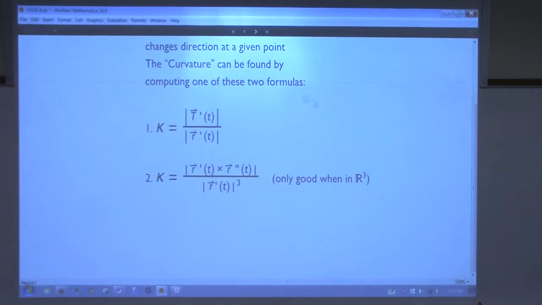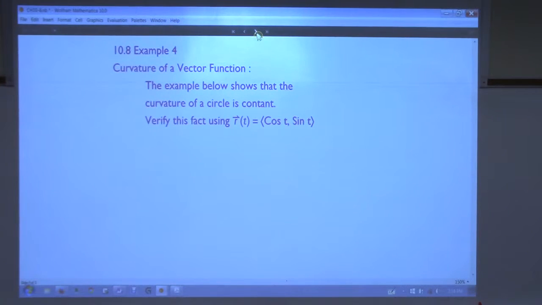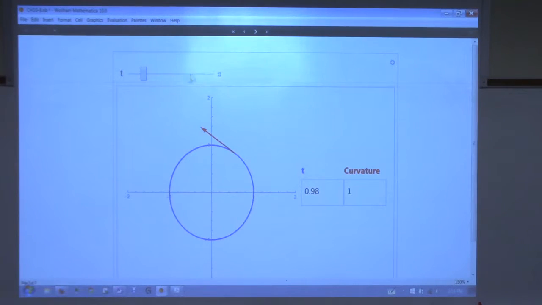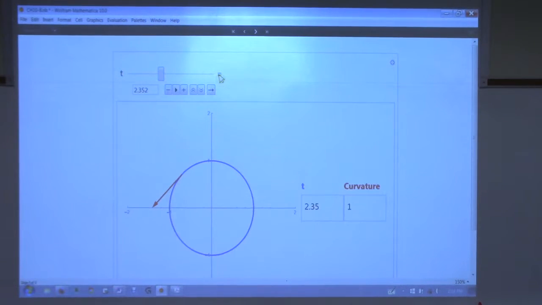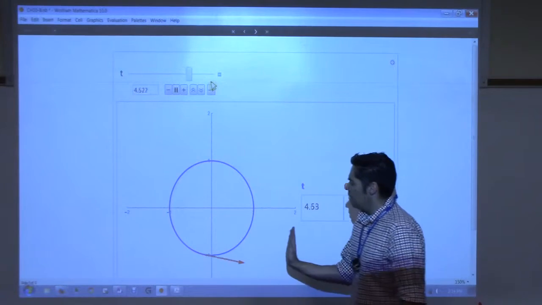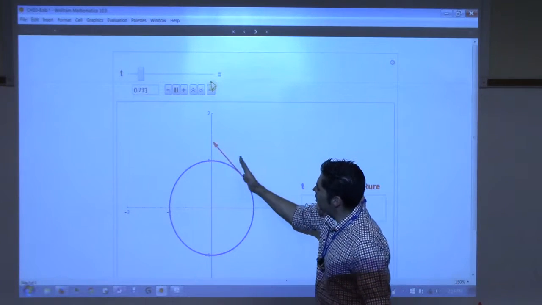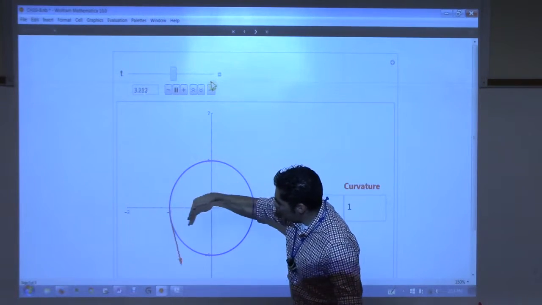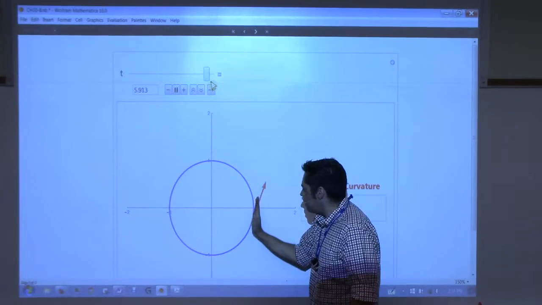Now, I want to show you a picture of what's going on. Look at this one. I'm going to press play here. There it is. I want you to notice if you're moving along this curve, which is a unit circle, then the curvature, we're measuring at any single point its tendency to want to turn.